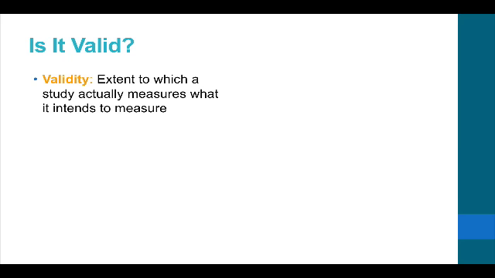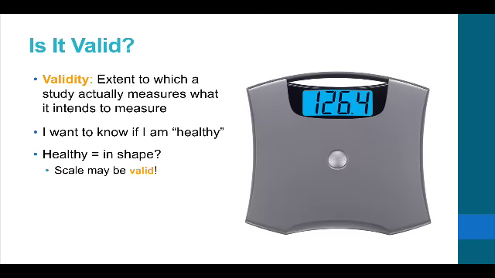When we say a measure is valid, what we're referring to is the extent to which a study actually measures what it intends to measure. So let's say you want to know if you're healthy. If you were to define healthy as being in shape, you could use something like the scale that you see on the right-hand side of the screen.